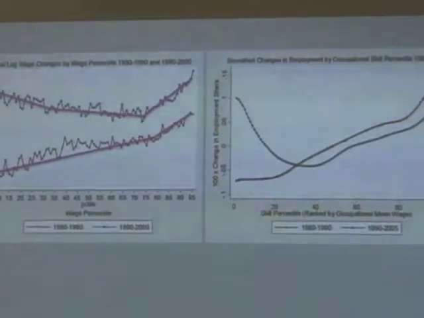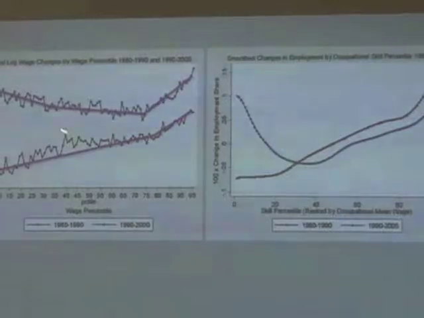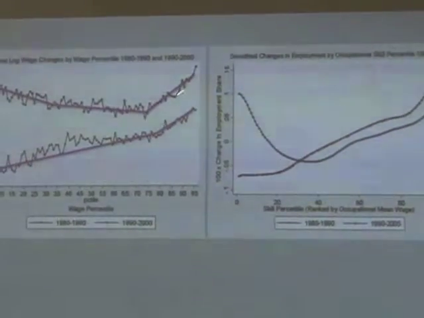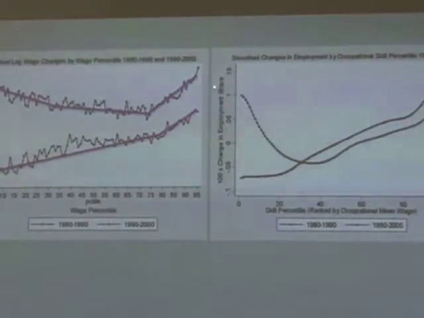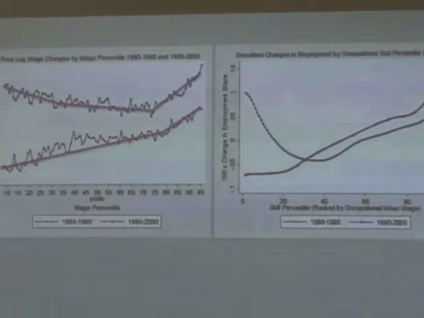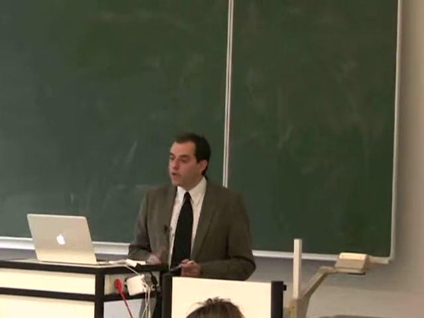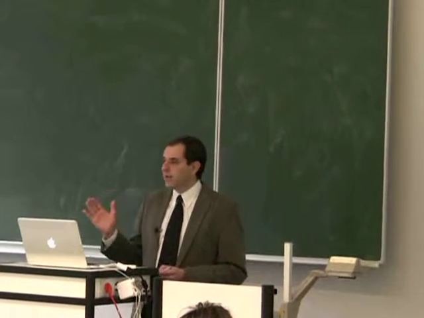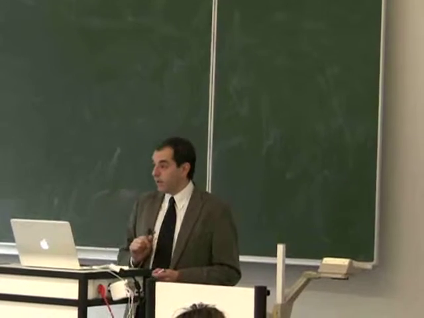And then in the more recent period, the last 15 years, you have growth in wages at the bottom, growth in wages at the top, and growth in employment in low wage occupations and in high wage occupations, with declines in employment in middle wage occupations. So looking at those two things, it's hard not to think that they're related to one another.